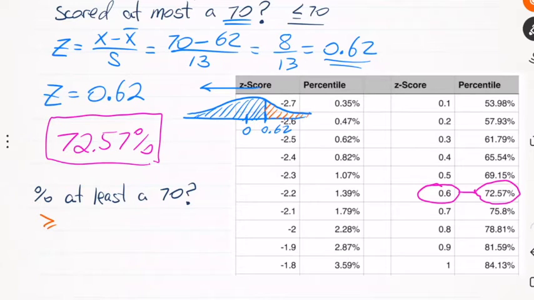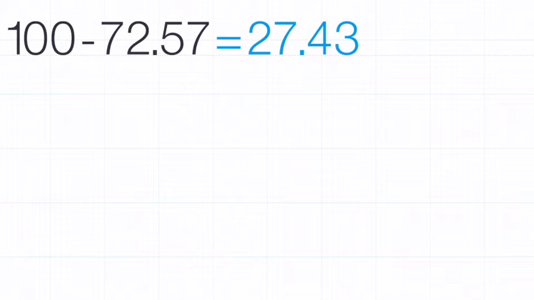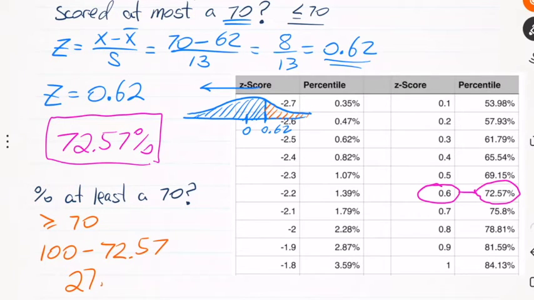So to have greater than or equal to 70, we're going to have to find its complement, which is 100 minus 72.57, which is 27.43. So 27.43% of the students would score higher than a 70. So this is how we use z-scores and this table. It's either a direct answer, which is smaller than, it's 100 minus the answer if it's bigger than, and that just leaves one more possibility.